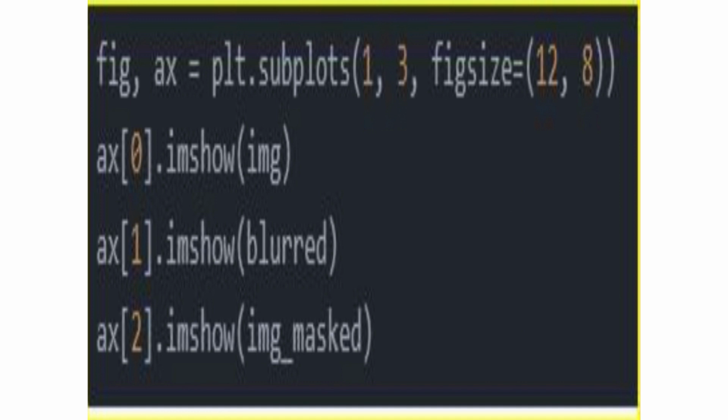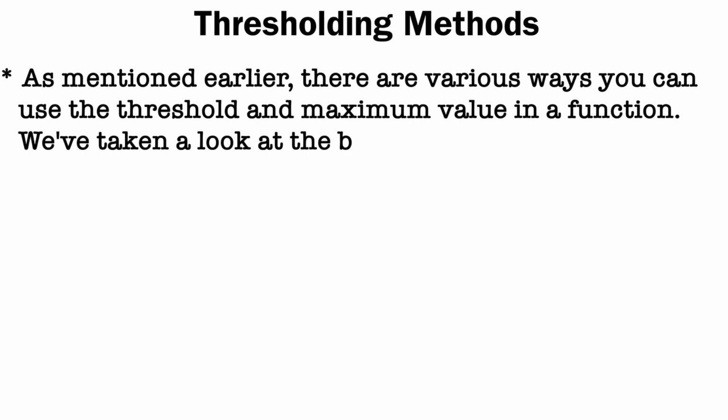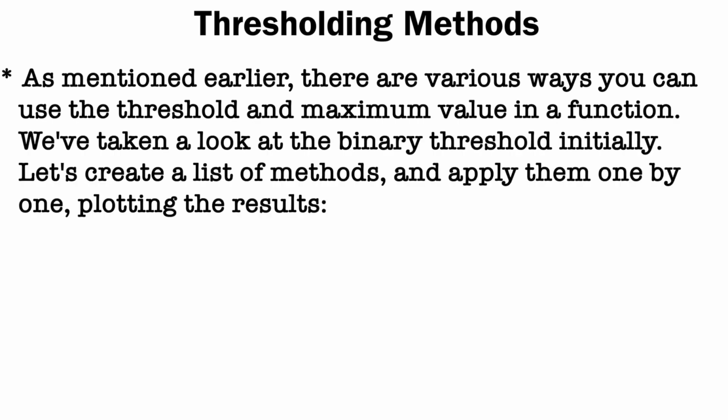As mentioned earlier, there are various ways you can use the threshold and maximum value in a function. We have taken a look at the binary threshold initially. Let's create a list of methods and apply them one by one, plotting the results.